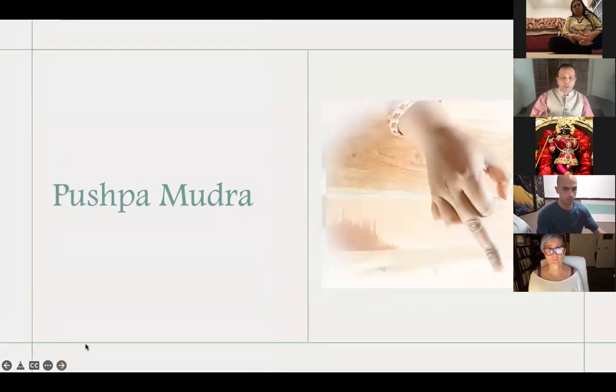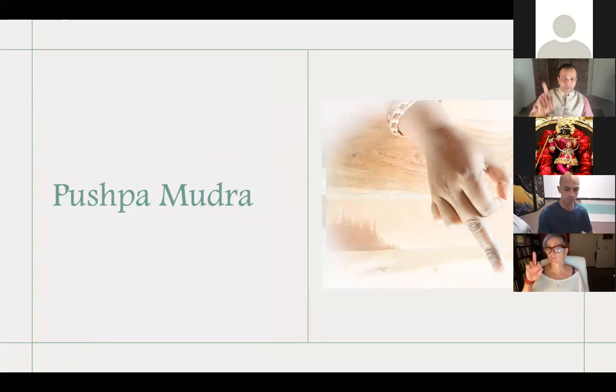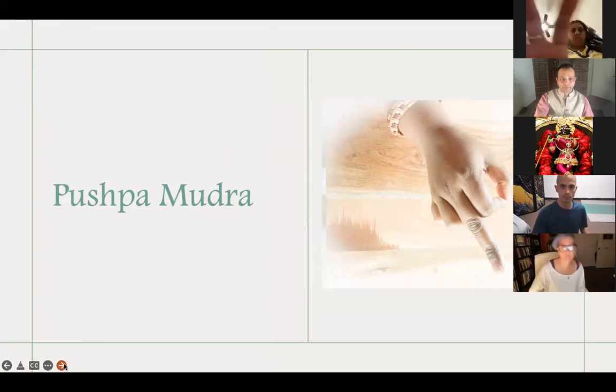Then Pushpa mudra, offering flower. With the middle finger up, you offer the Pushpa, the flower. Before you offer the flower, you do this mudra, Pushpa mudra. And then you offer it.